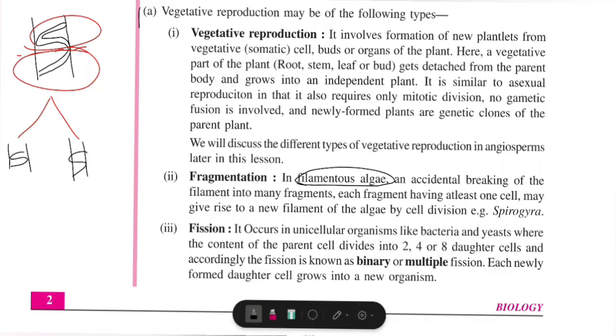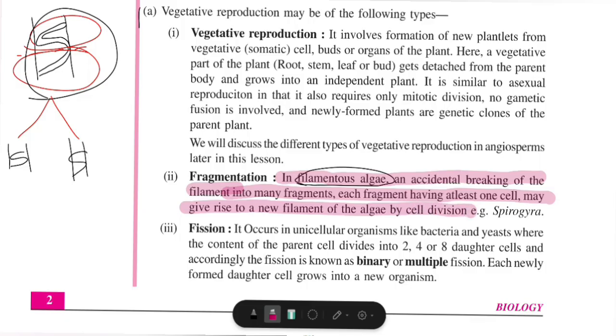So in filamentous algae, an accidental breaking, here's the definition: in a filamentous alga, an accidental breaking of the filament, this thing, into many fragments, each fragment having at least one cell, may give rise to a new filament of the alga by self-division.